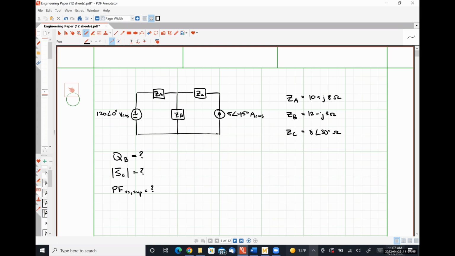So I'm going to define those quantities. I'm going to call this RMS phasor voltage VB. So this is one possible thing that we could be looking for. Here is RMS phasor current IB. Which of these two quantities would be easier to determine?